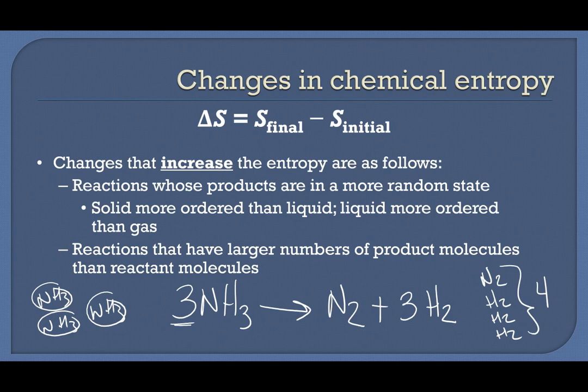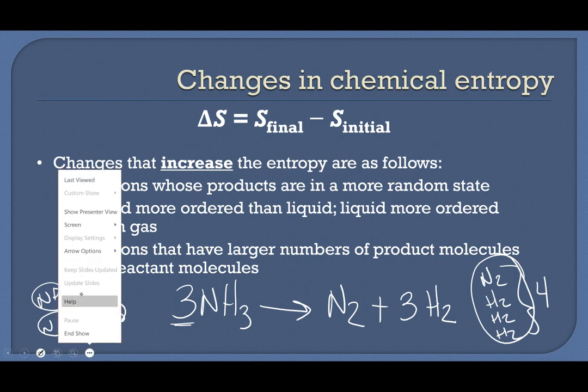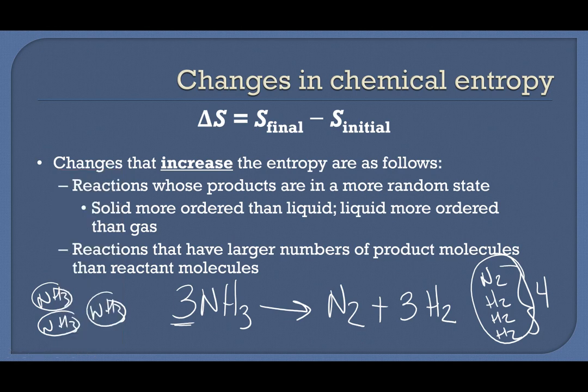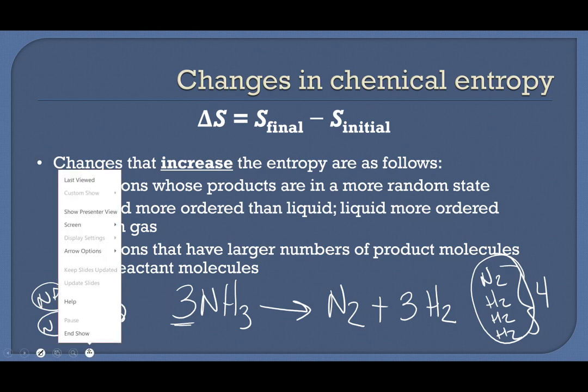So reactions that have a larger number of product molecules than reactant molecules, more things means more opportunity for mess. When there is an opportunity for things to get messier, they will in fact get messier. So having a greater number of particles on the product side is going to cause an increase in the entropy.